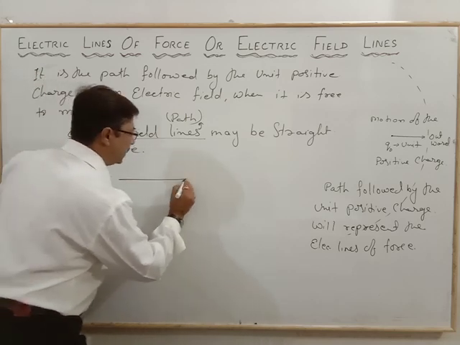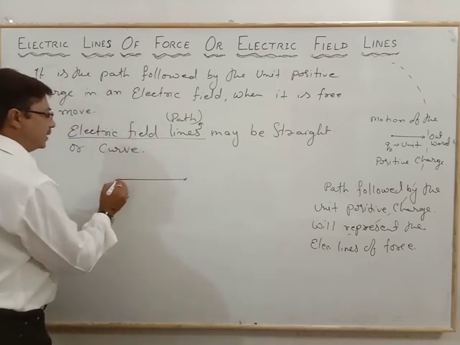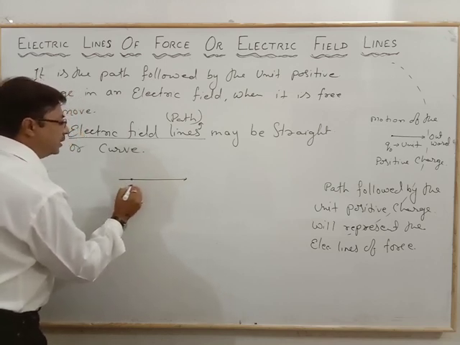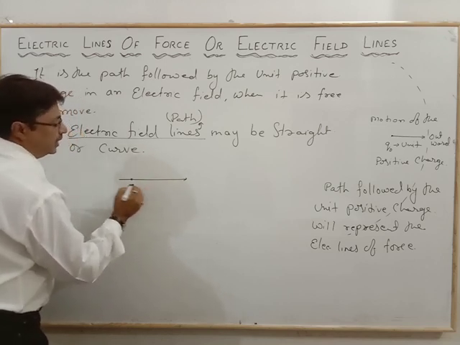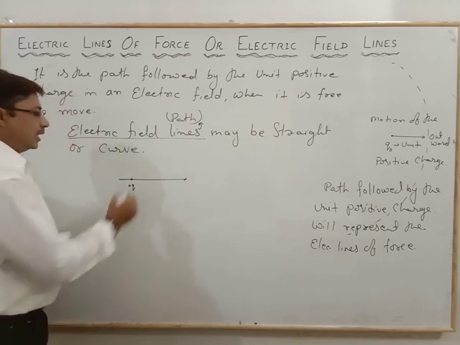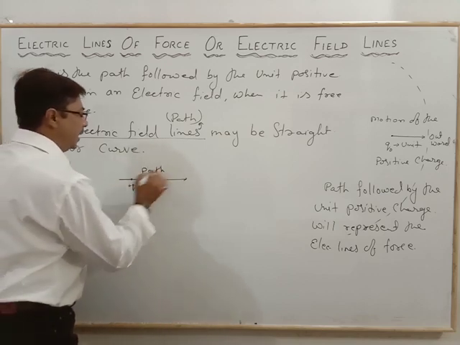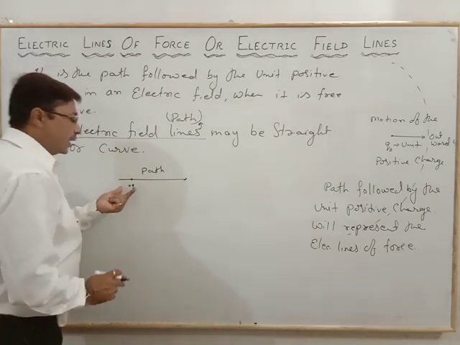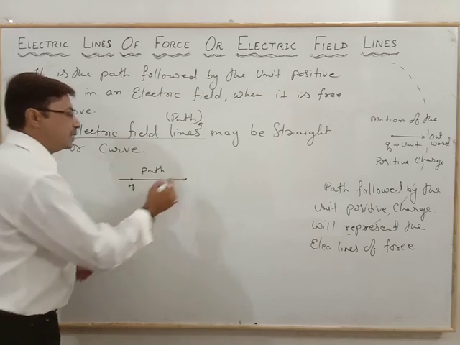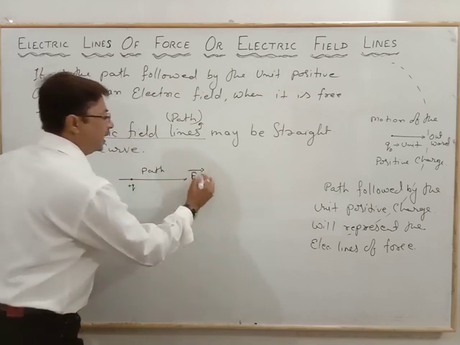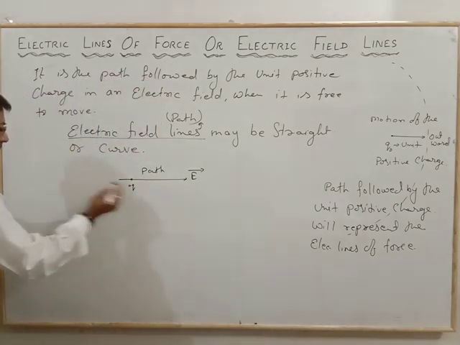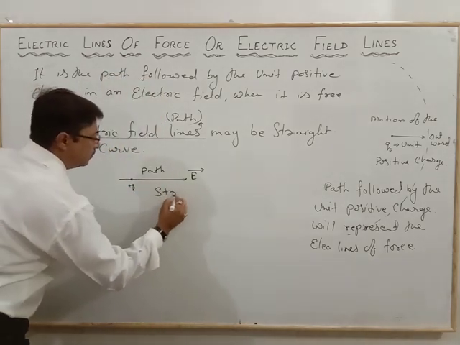If we consider a straight path, that means the unit positive test charge is moving in a straight path. This path, the direction of motion of the unit positive charge, represents the electric field direction.